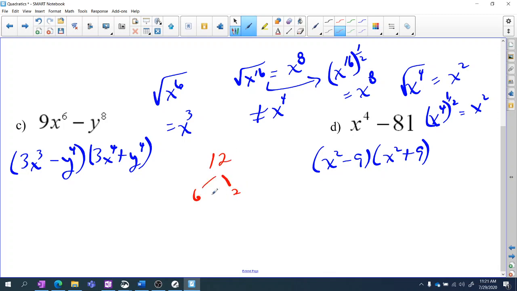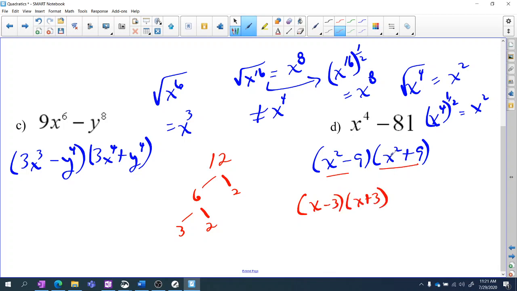Well, then you have to check these and make sure they don't factor again and say, oh yeah, well 6 does. It's 3 times 2. It's the same with polynomials and factoring. X squared take away 9, x squared plus 9. You need to look at each of these individually and say, would they be able to factor any further? Well, hopefully this one jumps out and says, hey, wait a minute, that's the same pattern I just did. It's difference of squares again. So you'd have to factor it, x subtract 3, x plus 3.